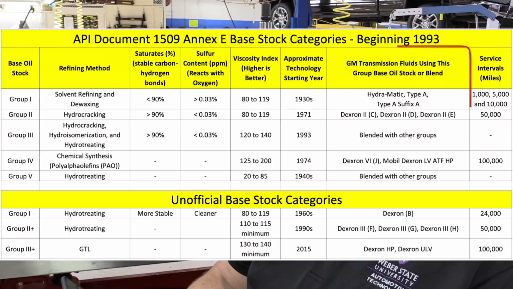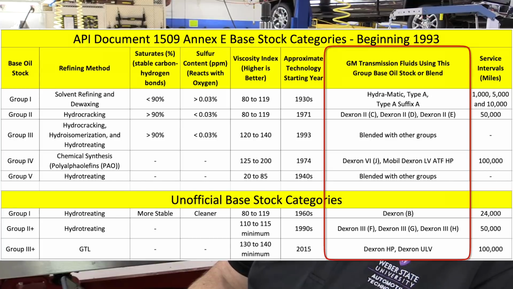Now I want you to notice that in the 7th column, I have listed the automatic transmission fluids that I believe use that technology. And I base that belief on looking at patents, at service bulletins, at fluid specifications that I've been able to find, at SAE documents, at books, at websites, at service information from General Motors, and so on.